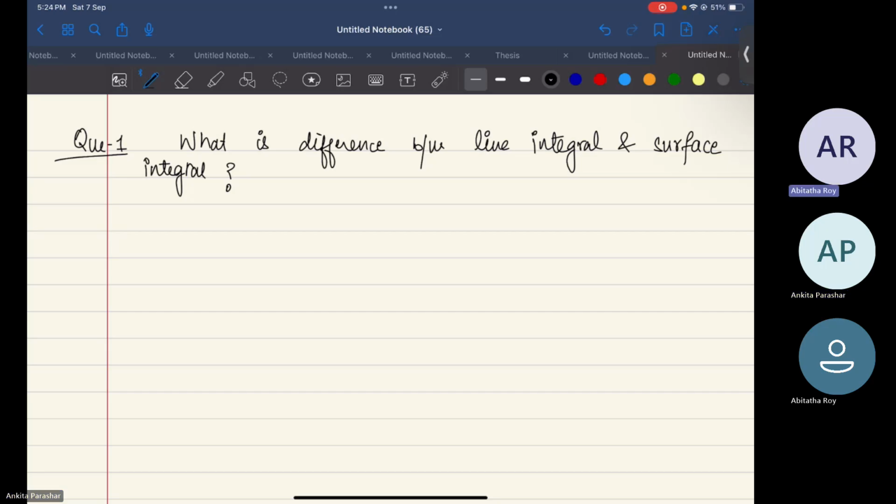Geometrically, one is the boundary you have to consider and the other is the surface. If I write this in integration form, what will be the exact difference? How would I write it mathematically?